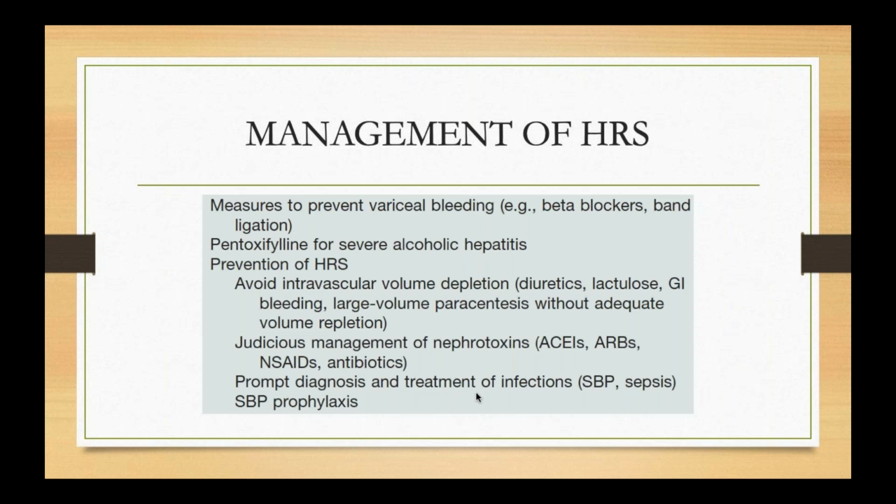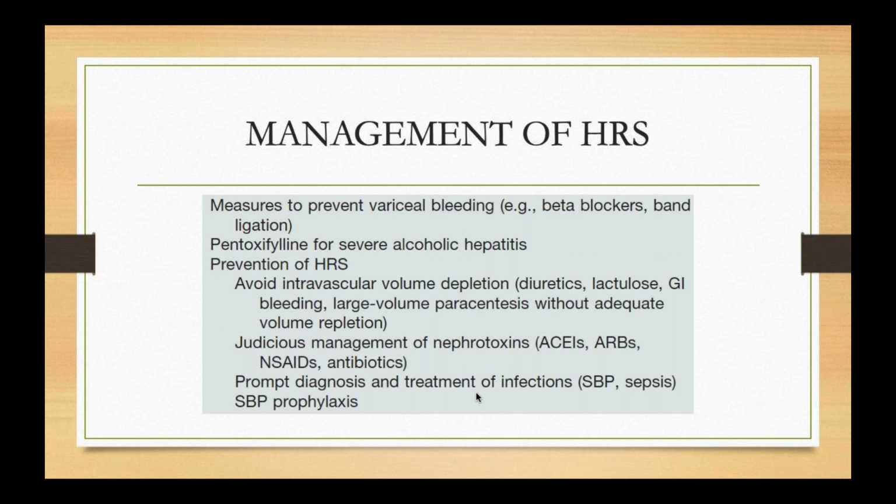So how do you manage hepatorenal syndrome? You can prevent variceal bleed. You can use pentoxifylline for severe alcoholic hepatitis. Pentoxifylline earlier, in a trial in 2003, was shown to prevent renal injury in alcoholic cirrhosis, but the recent trials have not shown any good benefit.